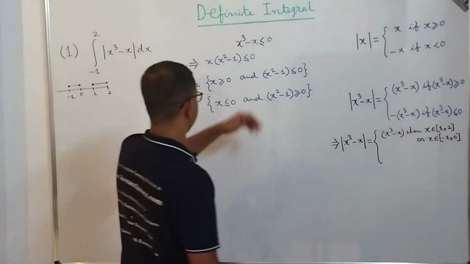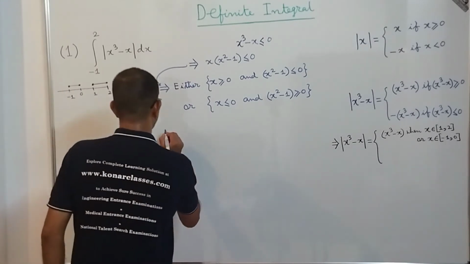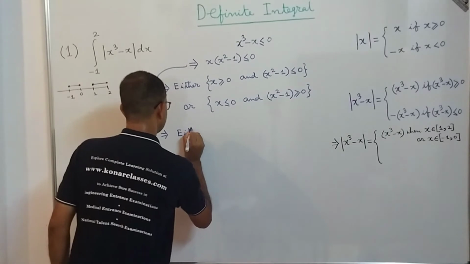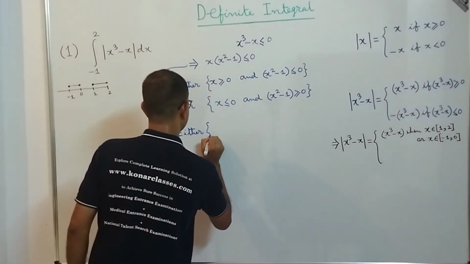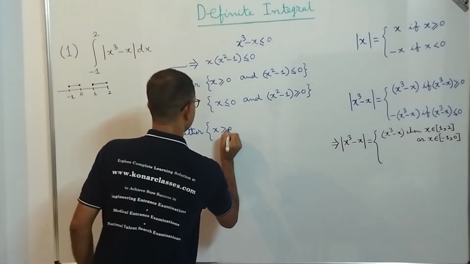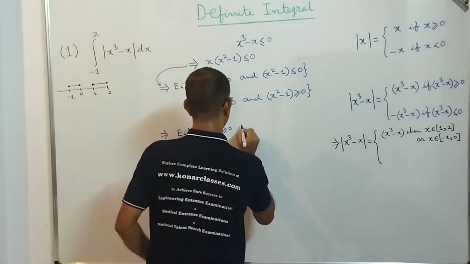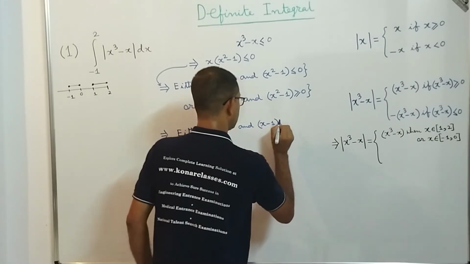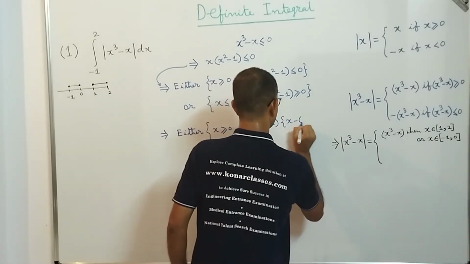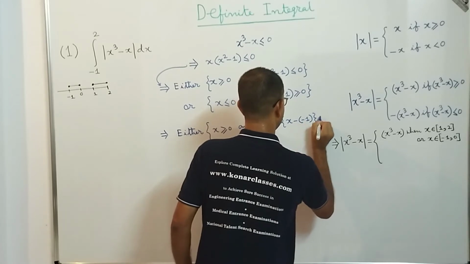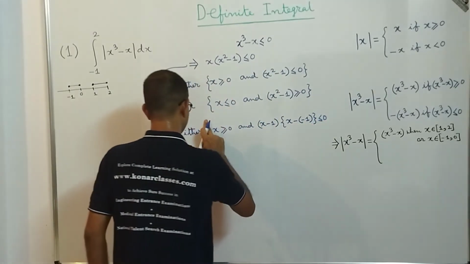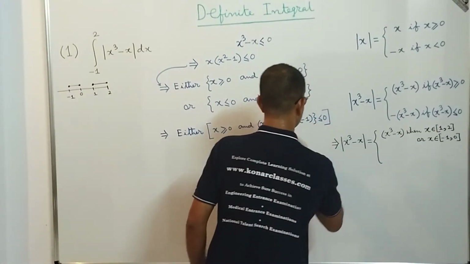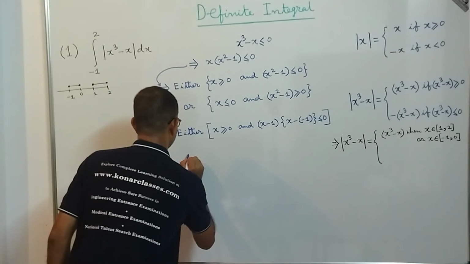So from here, dear students, either x is greater than or equal to 0 and x square minus 1 is less than or equal to 0. That means x minus 1 into x minus of minus 1 is less than or equal to 0, so let me give the square bracket.